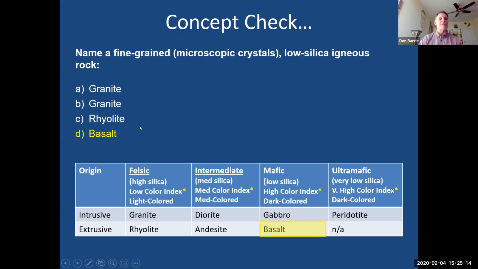So let's go through that briefly. Okay, the fact that the rock is fine-grained, again, tells you that it has to be extrusive in origin. And then in this case, because I also tell you that the rock has a low silica content, then we have to be in the mafic column. So mafic extrusive can only be basalt.